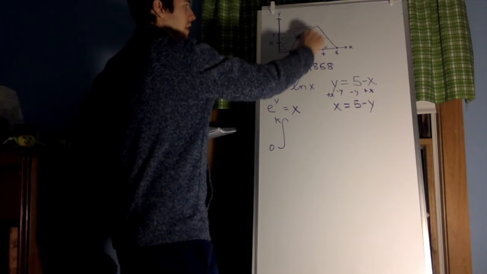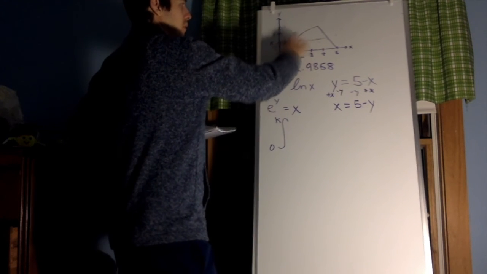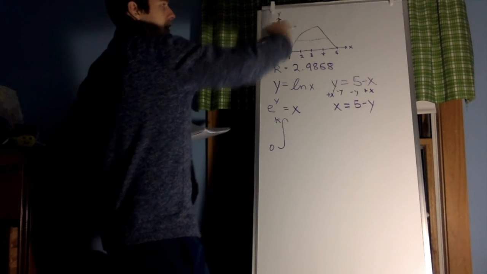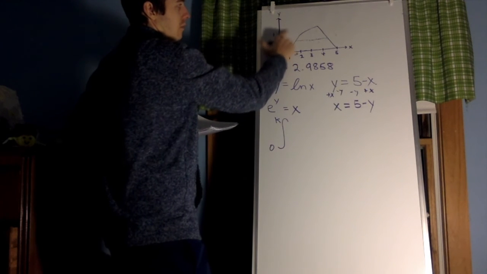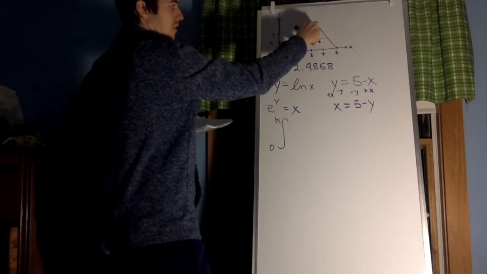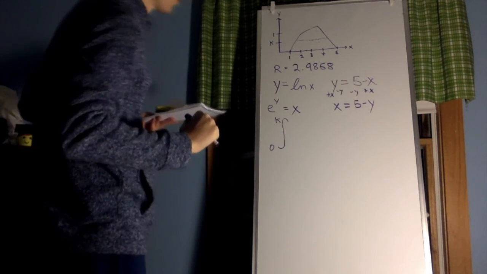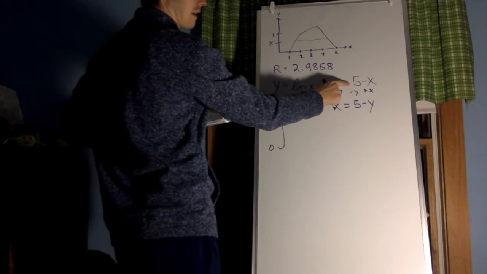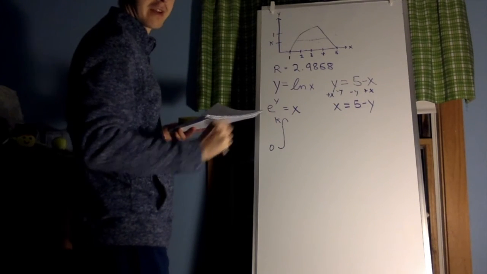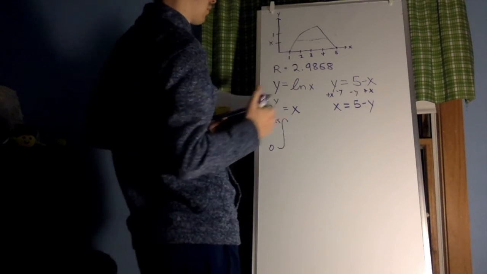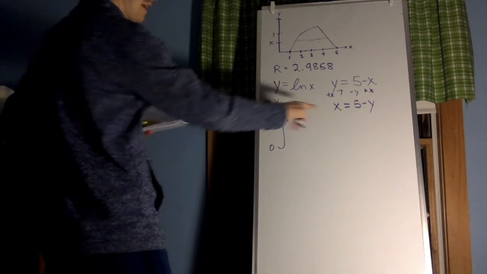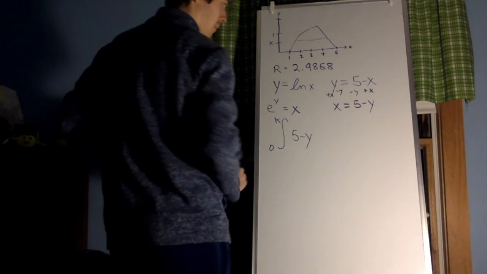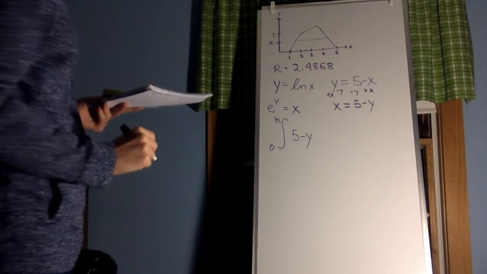That might sound a little complex, but essentially we're taking this whole area and subtracting out what we don't need over here, so we can find just the area contained by those two functions. So it's going to be our top function, which before was y equals 5 minus x, but now that we are writing with respect to y, it's going to be 5 minus y. Same function, just different form.